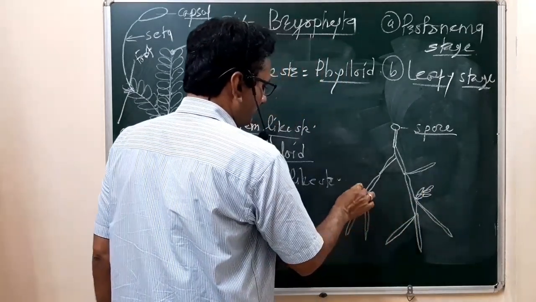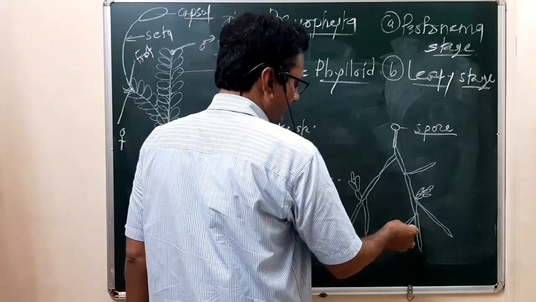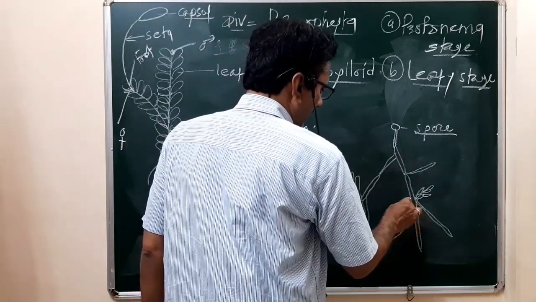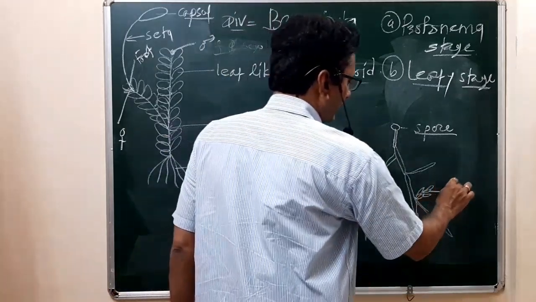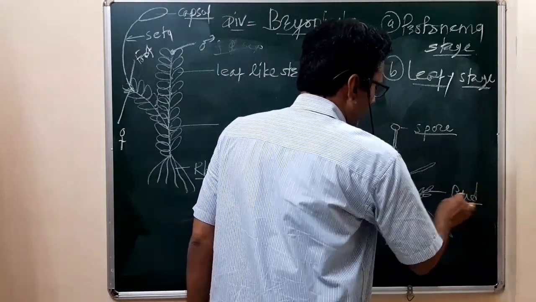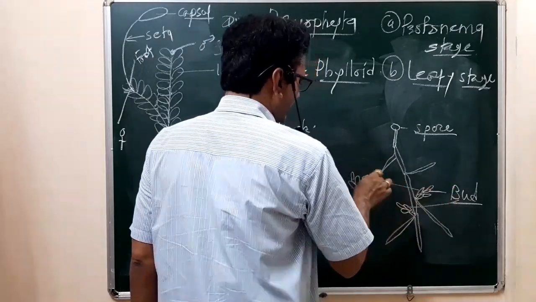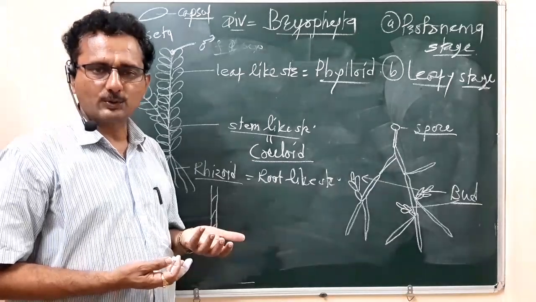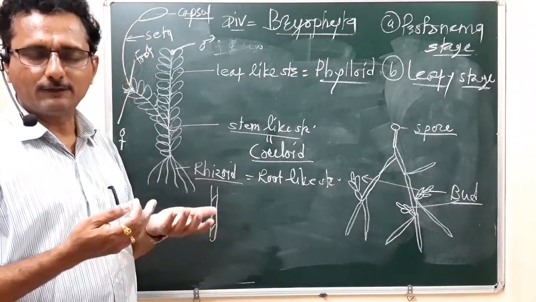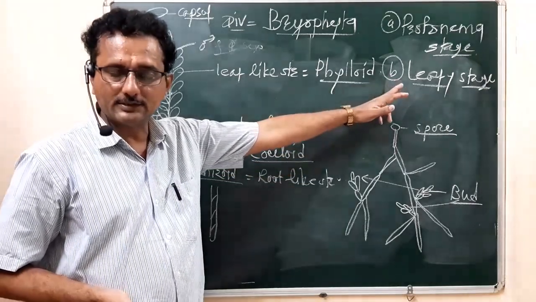Suppose this is a bud, and from this bud new leafy stages develop. So through budding, this protonema can form a number of leafy stages. The second stage is the leafy stage.